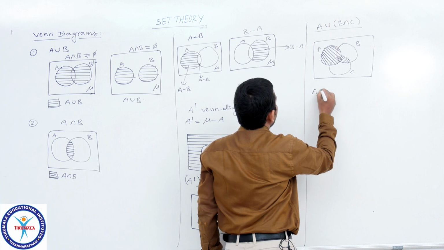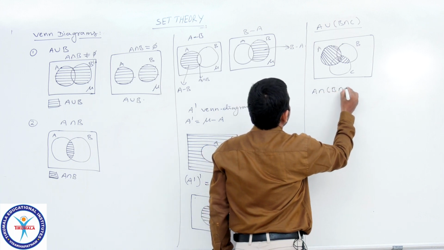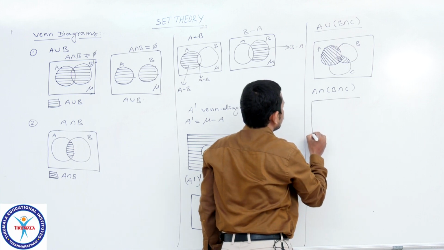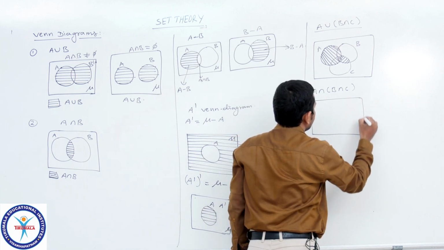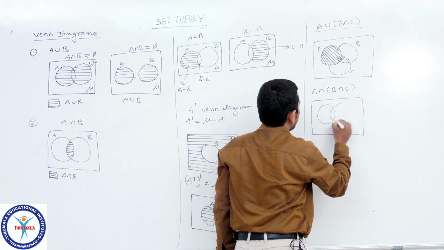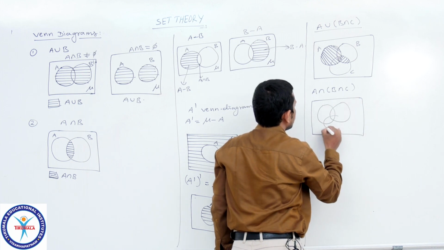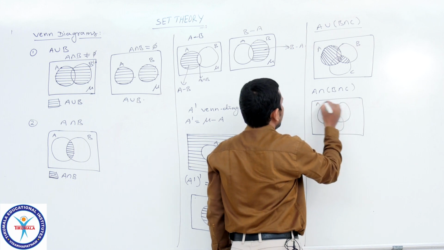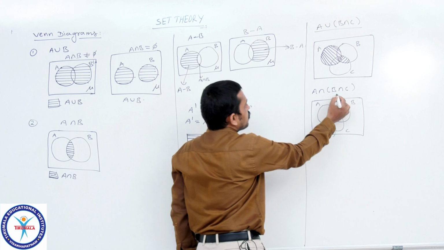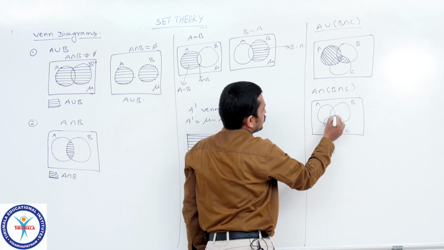Suppose, what is A intersection B intersection C? Set A, set B, set C. First B intersection C, this is the common region.